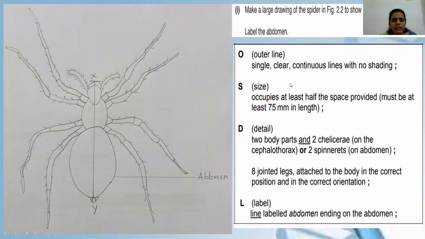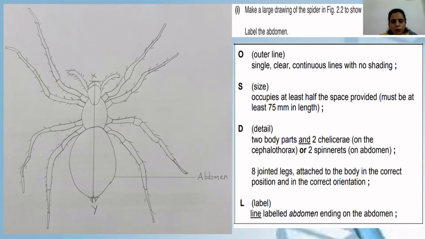For size and outline I have already explained 1 mark each. For details, 1 mark will be given for 8 jointed legs attached to the body in correct position and correct orientation. Position means where it is originating from; it should originate from the cephalothorax. Orientation means whether it is pointed downwards, upwards or sidewards.